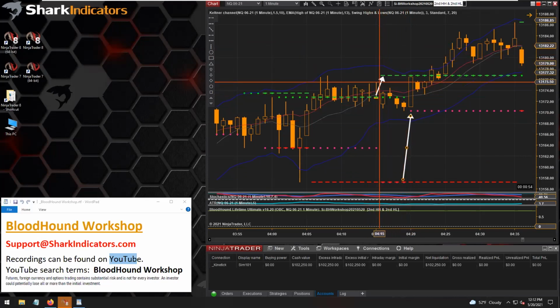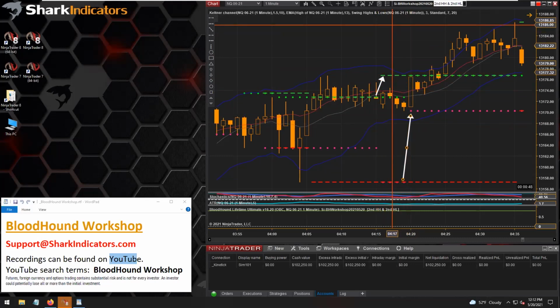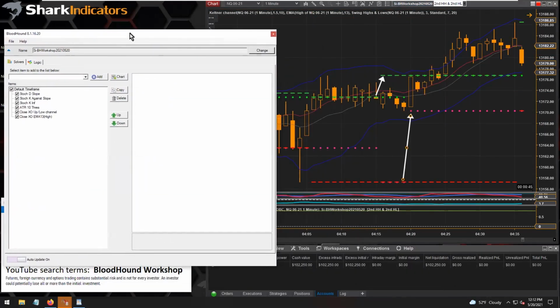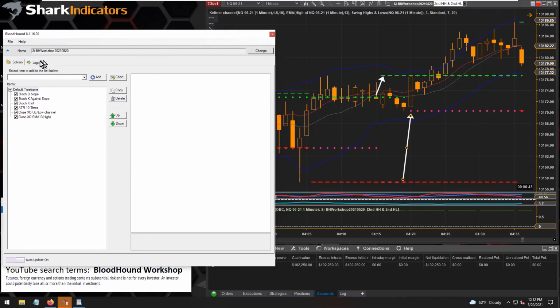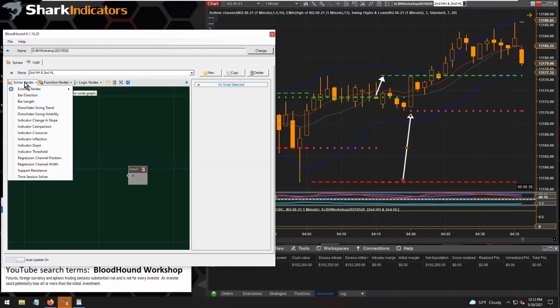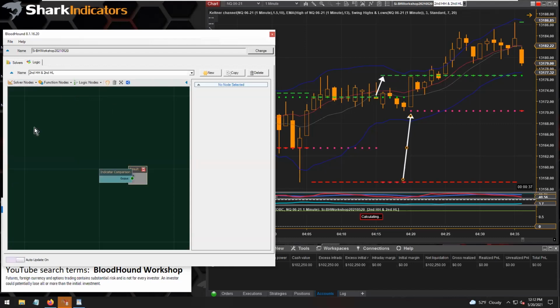So those are the physical conditions that we're looking for on the chart with the indicator. So let's go back to our BloodHound, and we're going to need a bunch of comparisons, right?